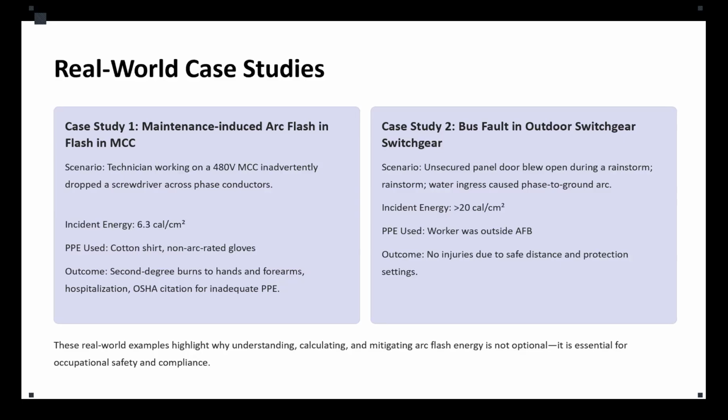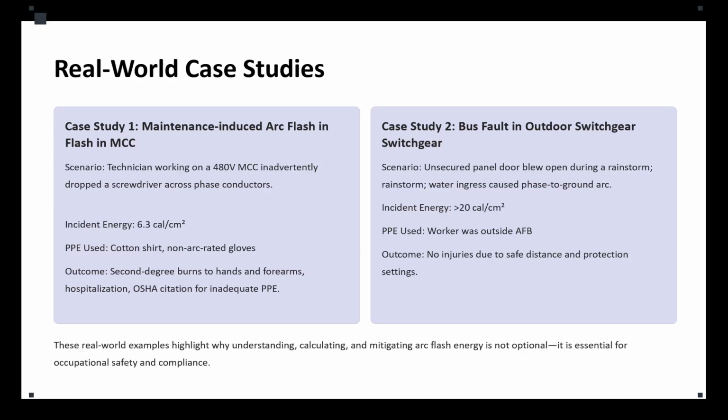Now, from that incident, we are going to learn the lessons learned: environmental intrusion must be treated as seriously as arc risk. Equipment doors must be mechanically secure and weather tight, and must be regularly inspected.